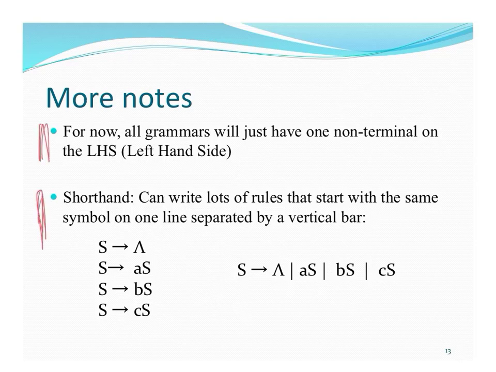And note 2 is, you know, computer scientists like shortcuts, and mathematicians like shortcuts too. And so what we're going to do is, if we have a bunch of rules that have the same non-terminal on the left side, so for example, all of these rules have the non-terminal S on the left-hand side, right? We can combine these rules by just saying S goes to lambda or aS or bS or cS, right?